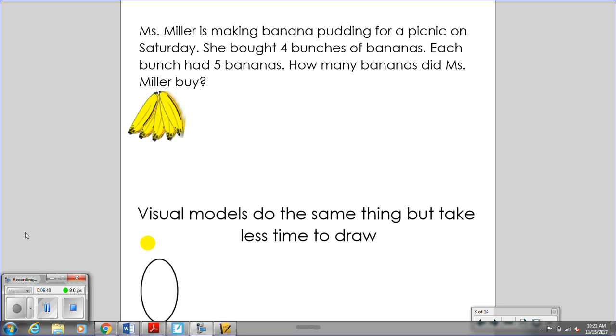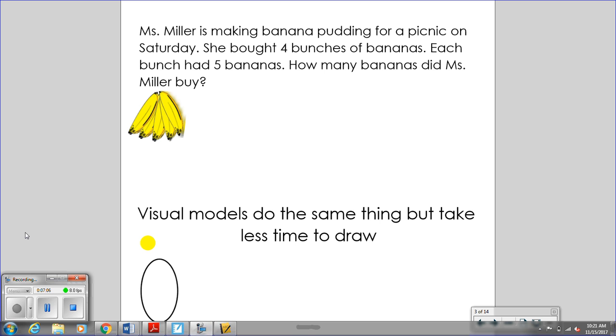So I have this word or story problem. We know that the very first step of doing a word or story problem is to do what? What do we gotta do, Parker? We gotta read it and make sure we know what's happening. Miss Miller is making banana pudding for a picnic on Saturday.